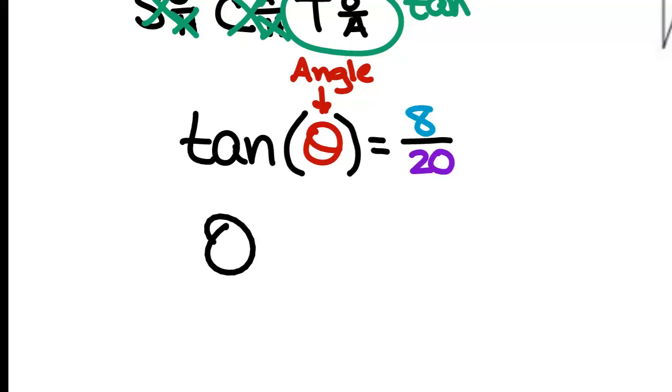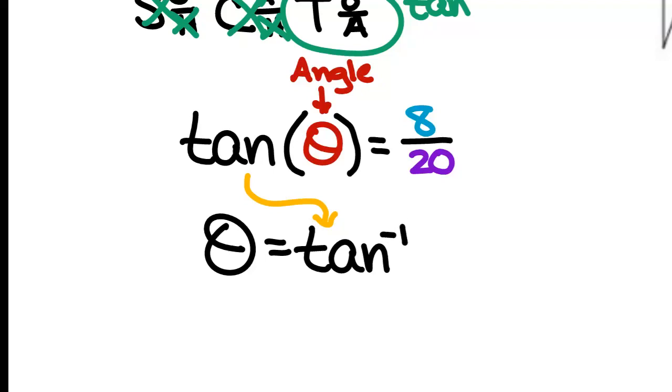The way I get tangent to the other side is by using inverse tangent. So if tangent moves to the other side of the equal sign, it becomes the inverse. But my 8 over 20 stays exactly the same. So anytime I have a trig function that goes to the other side of the equal sign, it turns into the inverse.